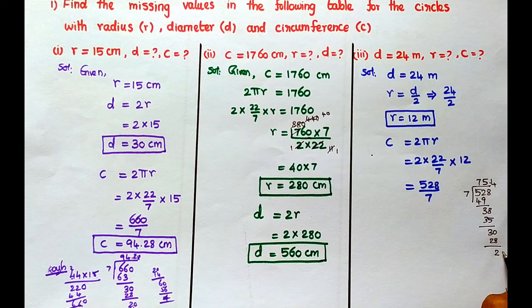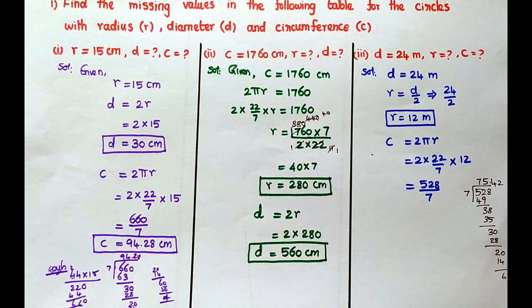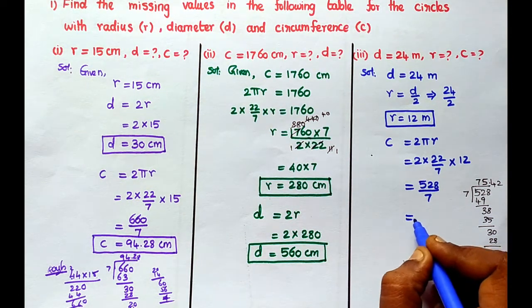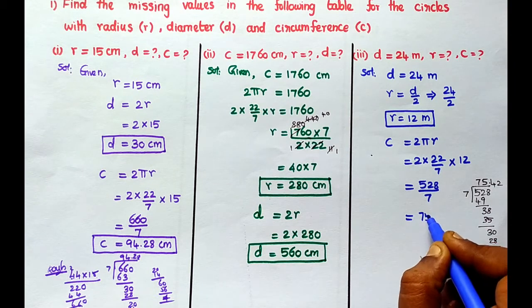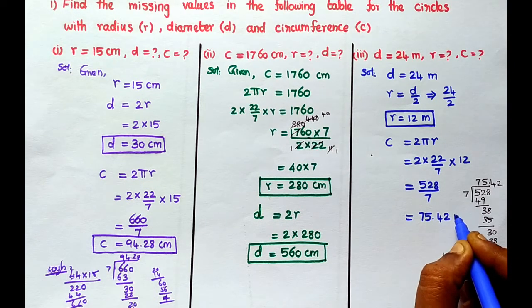Balance 2. Put the 0, we get 20. 2 times, that is 14. Balance 6. After the decimal point, 2 digits are enough. So what's the value? 75.42 meter.